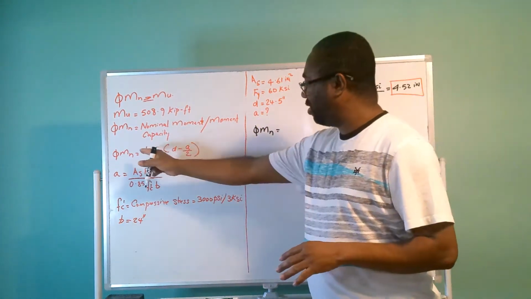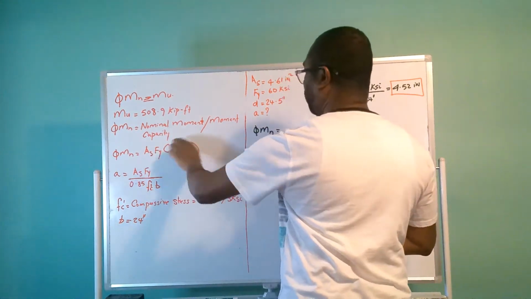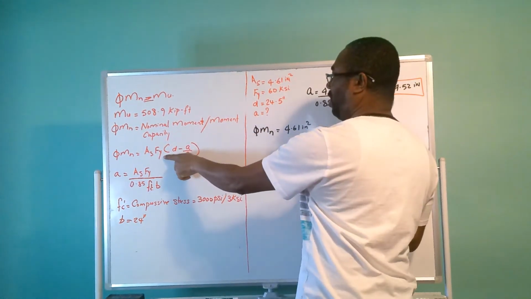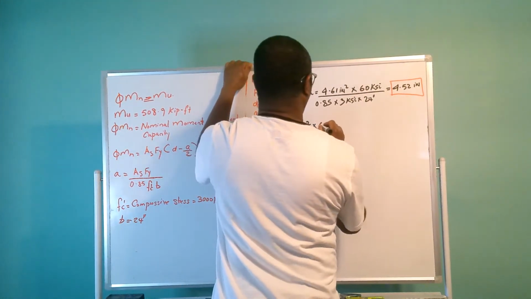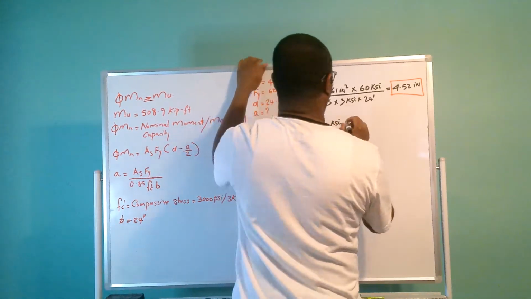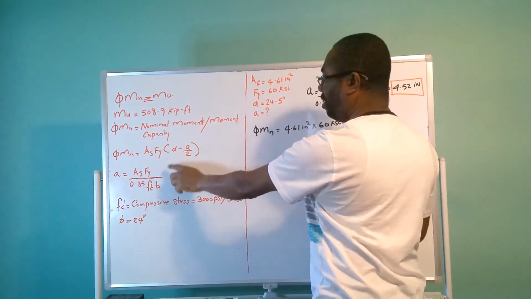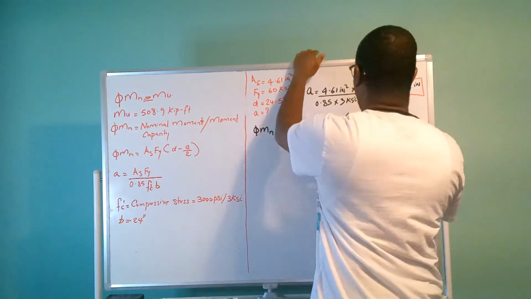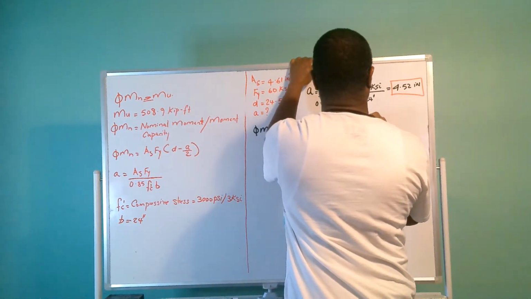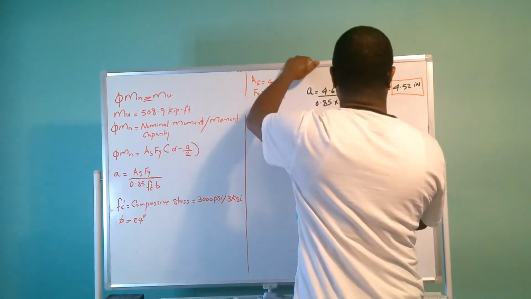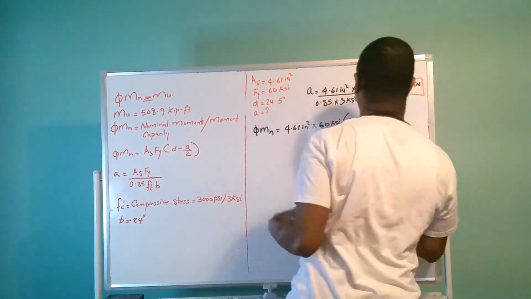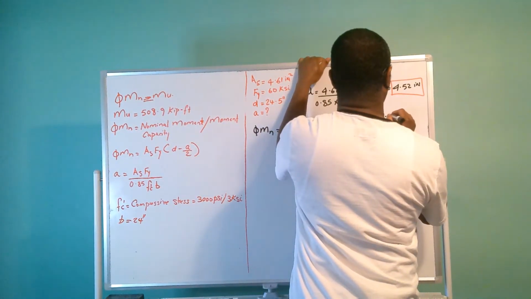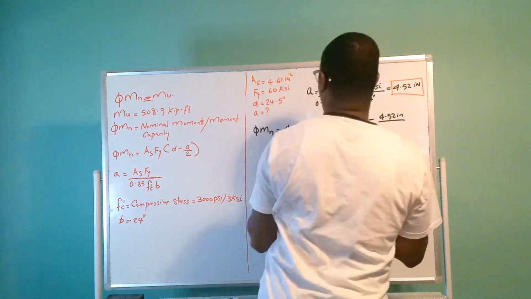The nominal moment is going to be the area of steel, 4.61 square inches, times the yield stress of steel, 60 ksi, times the bracket of d, the effective depth, 24.5 inches, minus a over 2, and we just calculated a to be 4.52 inches, so 4.52 inches divided by 2.